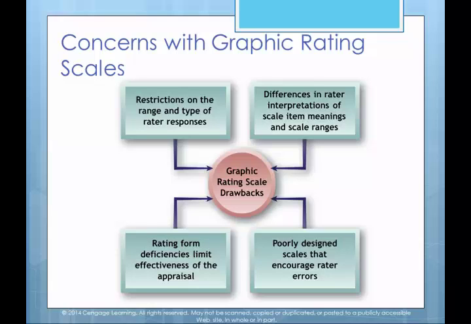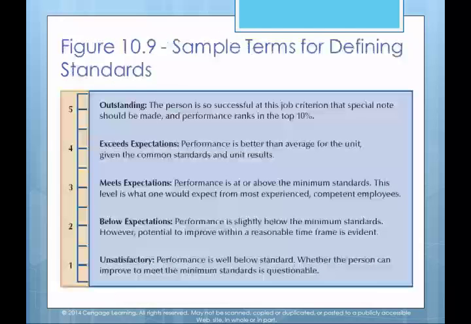Just like you're going through this class, you may think you're a B or an A student, and maybe I think you're a C student. Everybody has a different interpretation of scale and meaning ranges. Rating form deficiency limits the effectiveness of the appraisal, so the rating form can really impact it. And then poorly designed scales encourage rater errors.